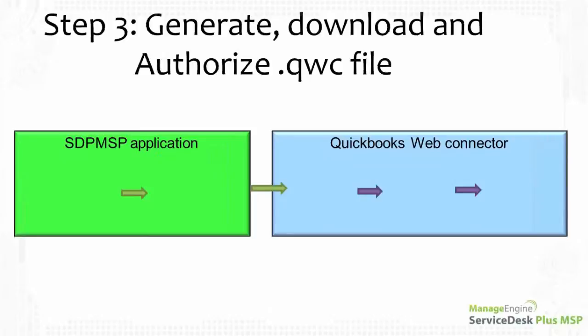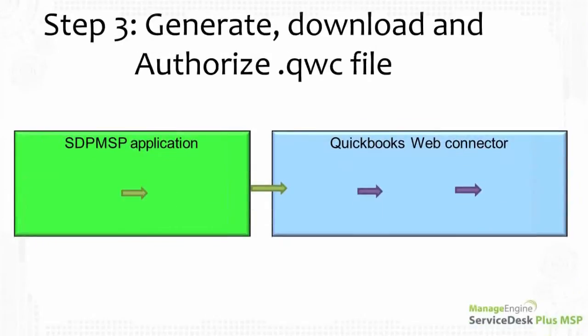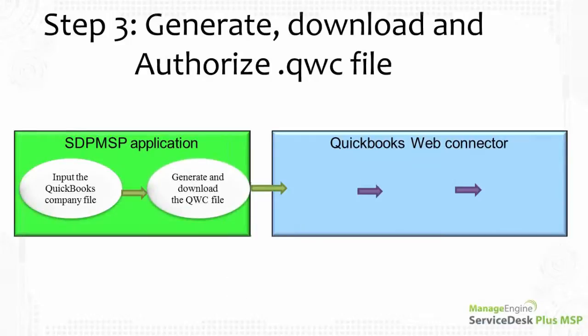And once you do that, you will have to check that particular option, and then comes the third step. So once you installed it, first inside the application under Admin tab, QuickBooks Integration section, in the third step, first you will have to input the particular company file in that section, which will give you a QWC file, which you can download there.